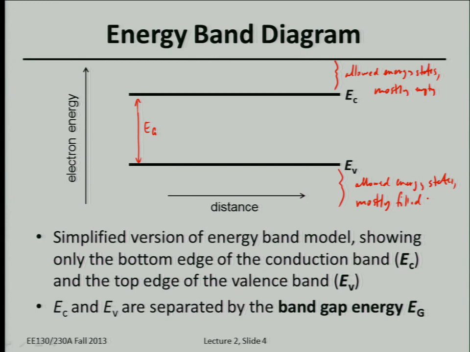Okay. Yes, question, Ali. Distance from what? Well, just location. Let's say location within the semiconductor. Sorry, so more precisely, this is a plot of electron energy versus location. Good question.